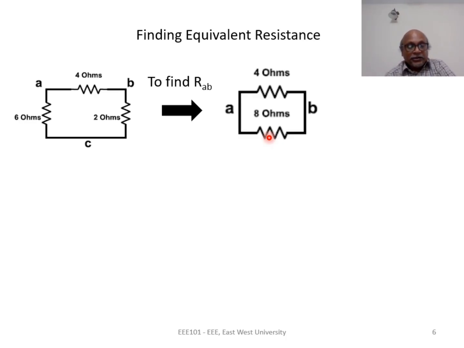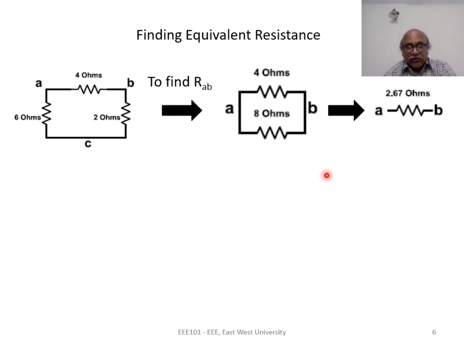We know how to combine two resistances in parallel. If we combine 4 ohms and 8 ohms in parallel, the equivalent resistance between A and B is 2.67 ohms. This is the RAB equivalent of this network.